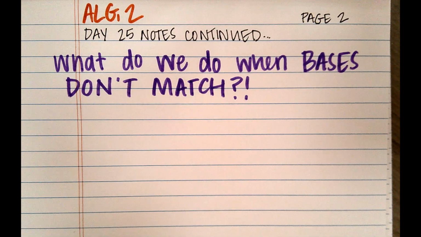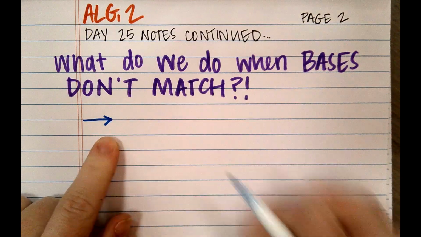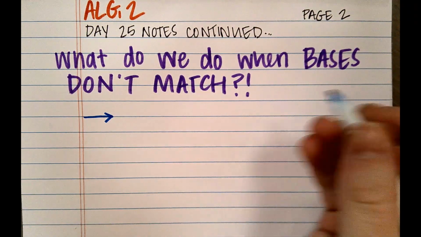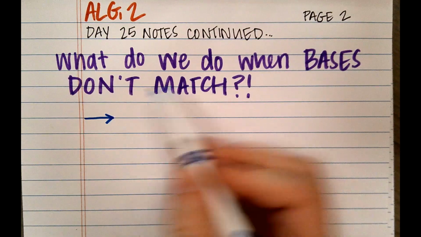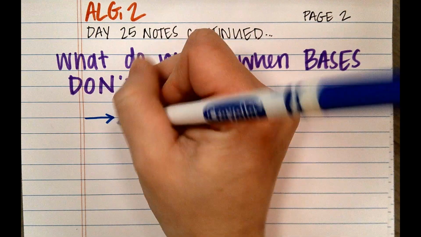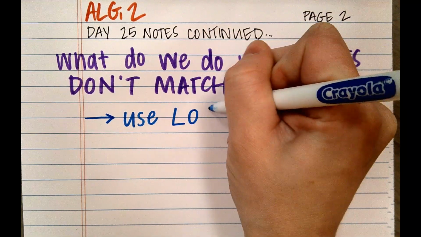And we're going to learn about a new thing and another new button on our calculators. We're going to use something called a logarithm. So what do we do when bases don't match and we can't make them match? We use logarithms.